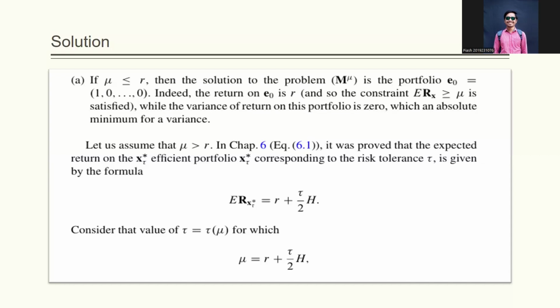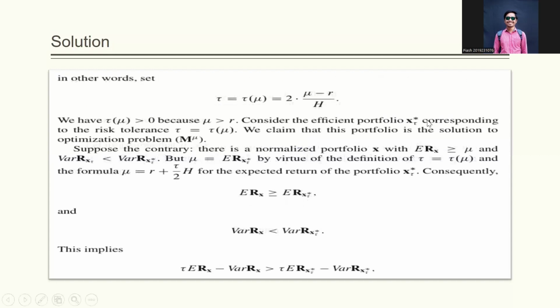Consider that value of tau equals tau mu, in other words, we can substitute tau mu equals 2 into mu minus r divided by h. We have tau mu greater than 0 because mu is greater than r. Consider the efficient portfolio X star tau corresponding to the risk tolerance. We claim that this portfolio is the solution to the optimization problem m to the power mu.